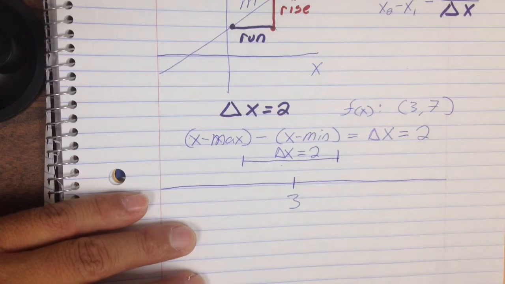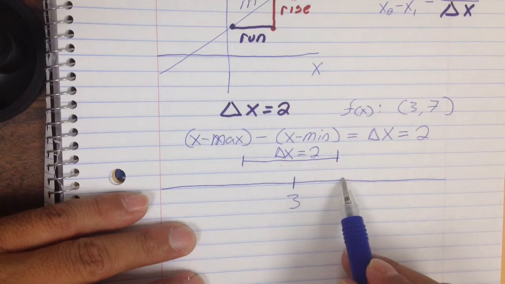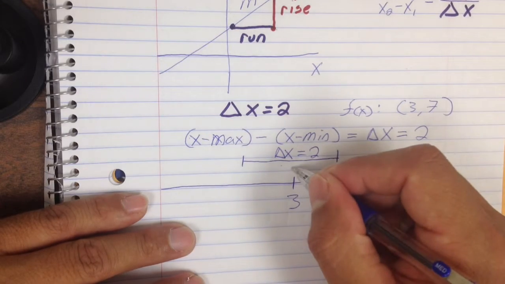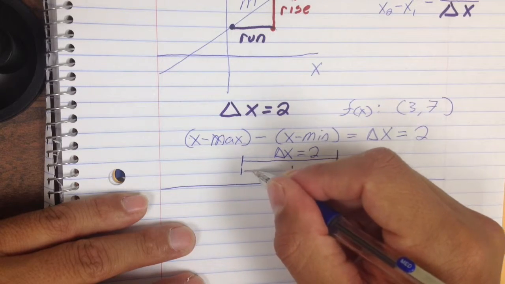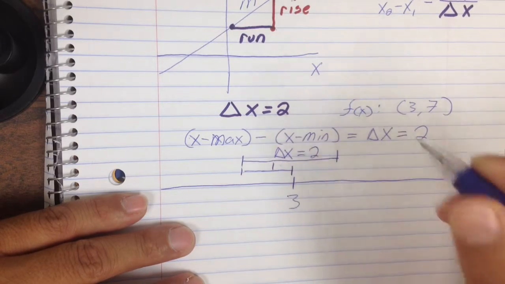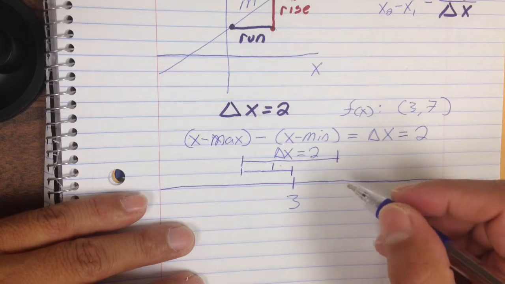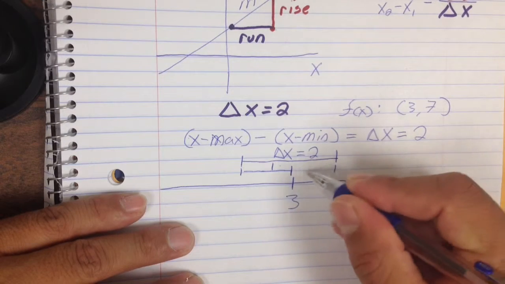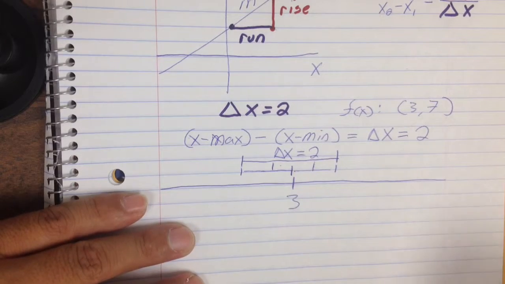However, I'm only going to go half that distance to the left of 3 and half that distance to the right of 3. So when I slice delta x in half, that distance is going to be 1 unit to the left of 3 and 1 unit to the right of 3.